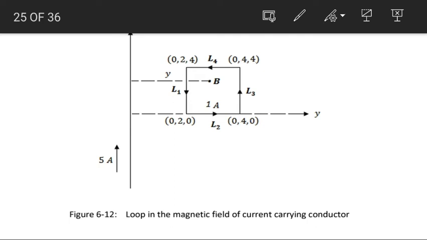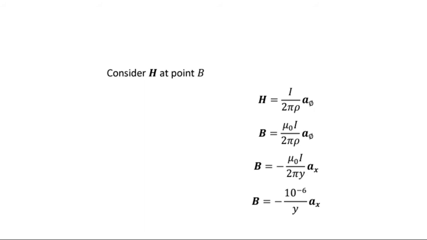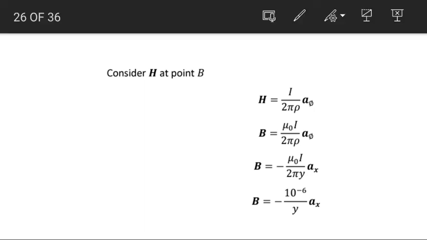You see, the magnetic flux density is given by B. We know that the magnetic field intensity, which is caused by an infinitely long current carrying conductor, is equal to I by 2 pi rho into a phi.